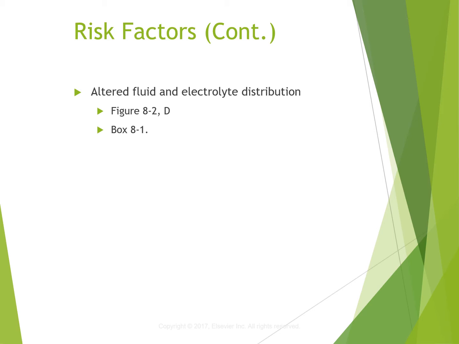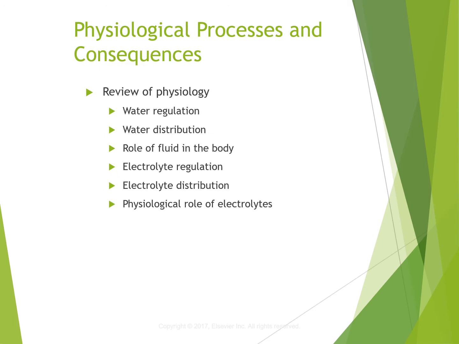So you have extracellular fluid excess, osmolality too low, and plasma electrolyte excess. Also, just a note, the ECV that you see in this chapter is actually extracellular fluid, which we call ECF.